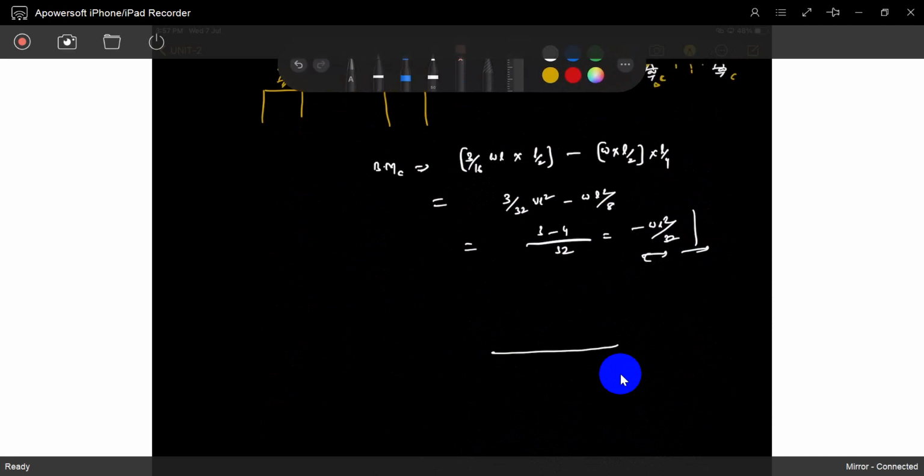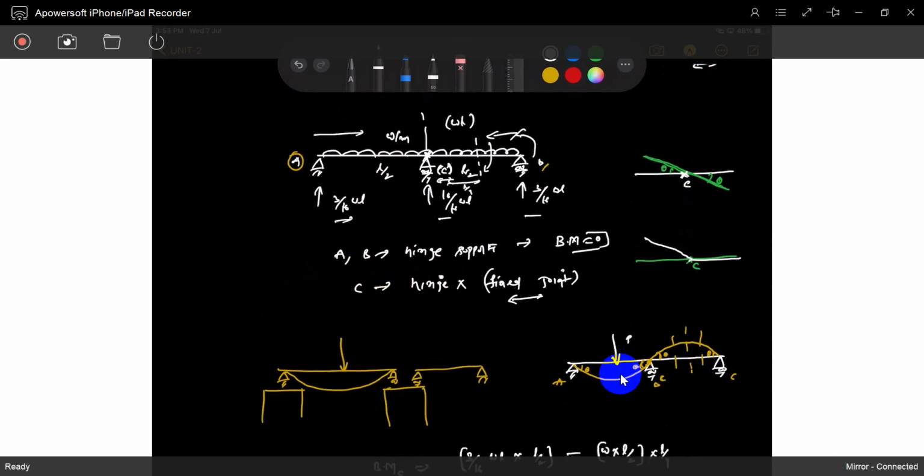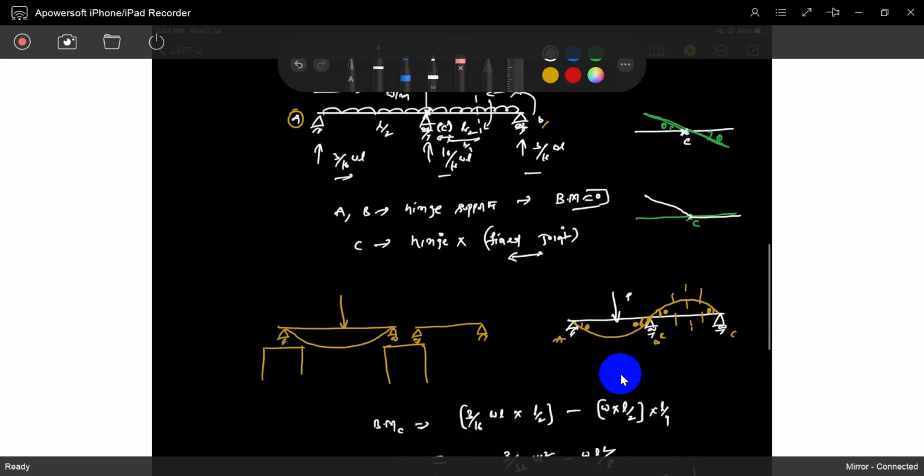This is B, sorry, C and B. So what is the reaction? I will separate AB and BC, I will separate AC and BC. Those are the free body diagrams. So I will separate it.